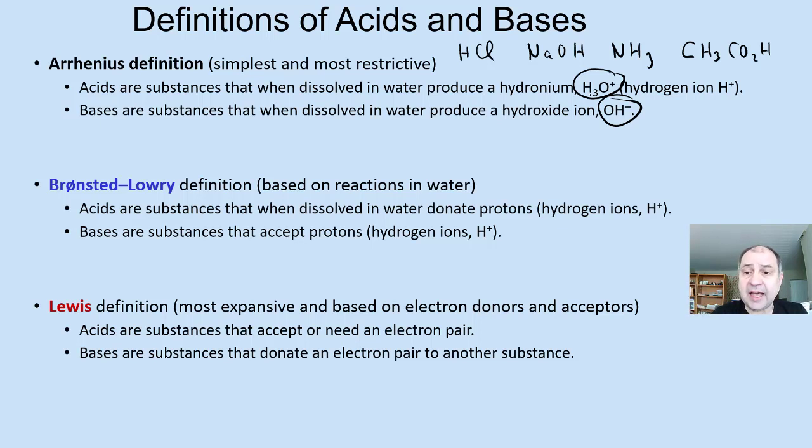So the hydrochloric acid is pretty obvious because it will split apart into H+, or protons, which will of course attach to a water molecule to produce this hydronium ion. So definitely an acid. Same with lye, or sodium hydroxide, which produces hydroxide ions. So that's even more obvious. It doesn't have to react with water to furnish OH.